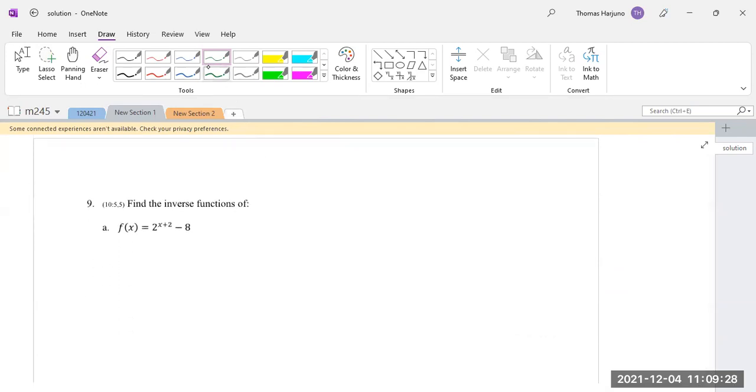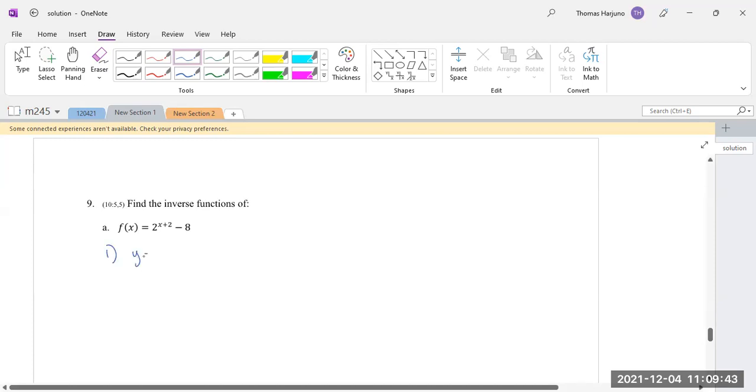Number 9. Find the inverse function. Every time we do an inverse function, we need to do step 1, 2, 3, 4. Step 1, y equals 2 to the (x plus 2) minus 8. Step 2, you swap the x and the y.